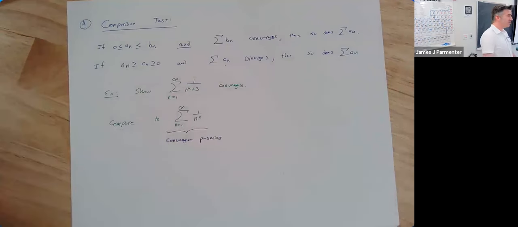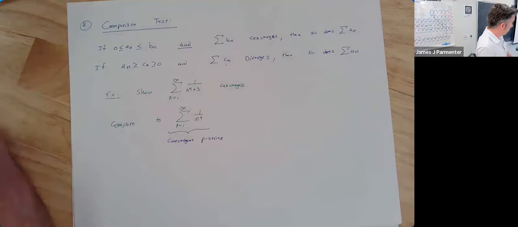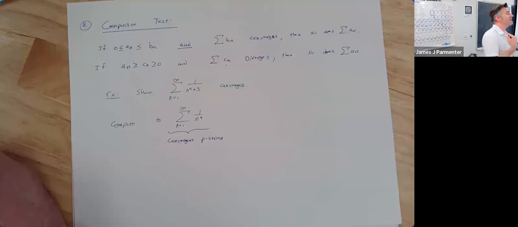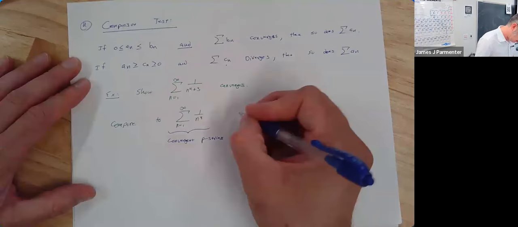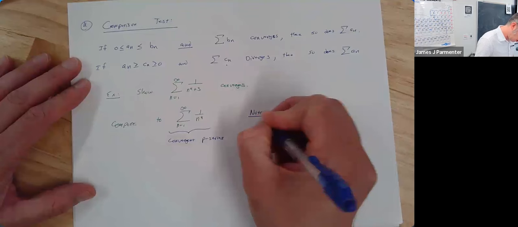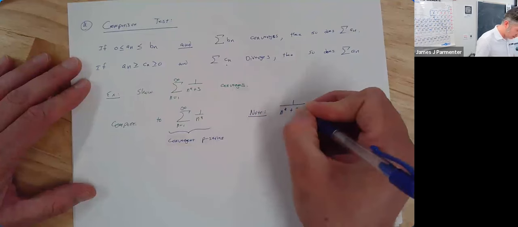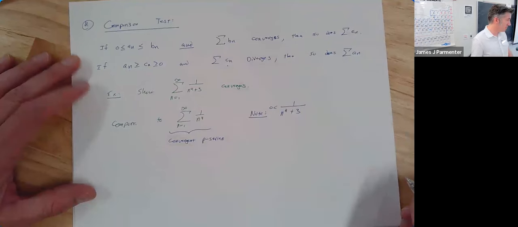For the comparison test to be useful at all, our series, if we're trying to show it converges, has to be less than the thing we're comparing it to. So is it true? And it is. The sequence we're looking at, 1 over n to the fourth plus 3, well, first of all, it's for sure always positive, right? All those terms are always positive.